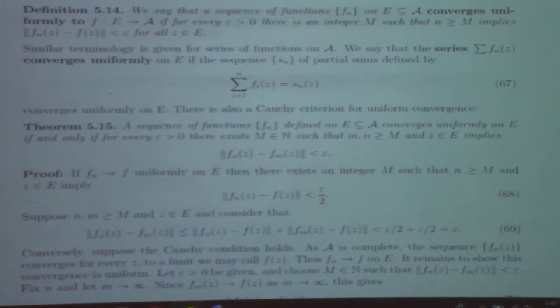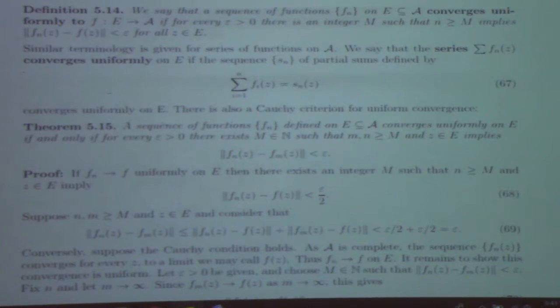So uniform convergence means one M works for the whole set. Pointwise convergence means you need a different M for different points. But there's one M that works for all the points in the set that you're looking at, the domain.